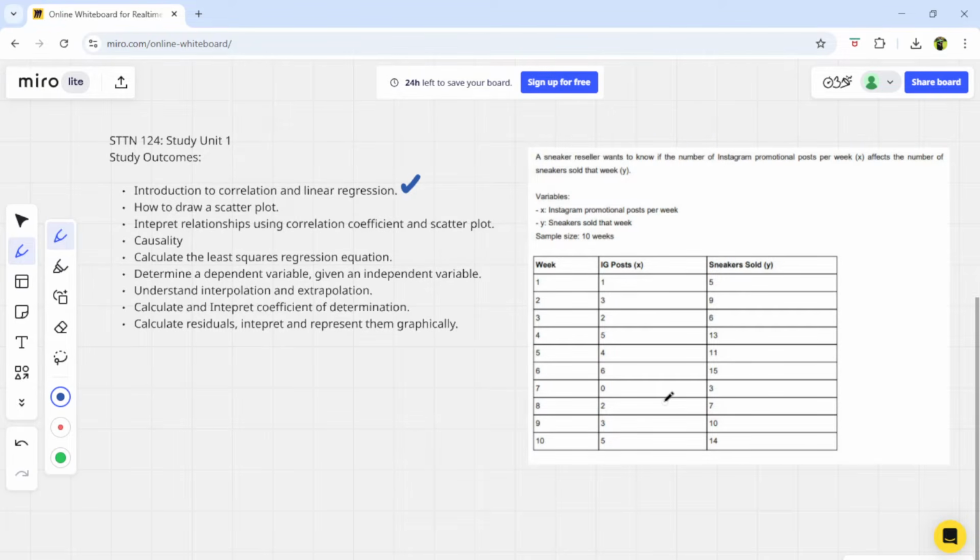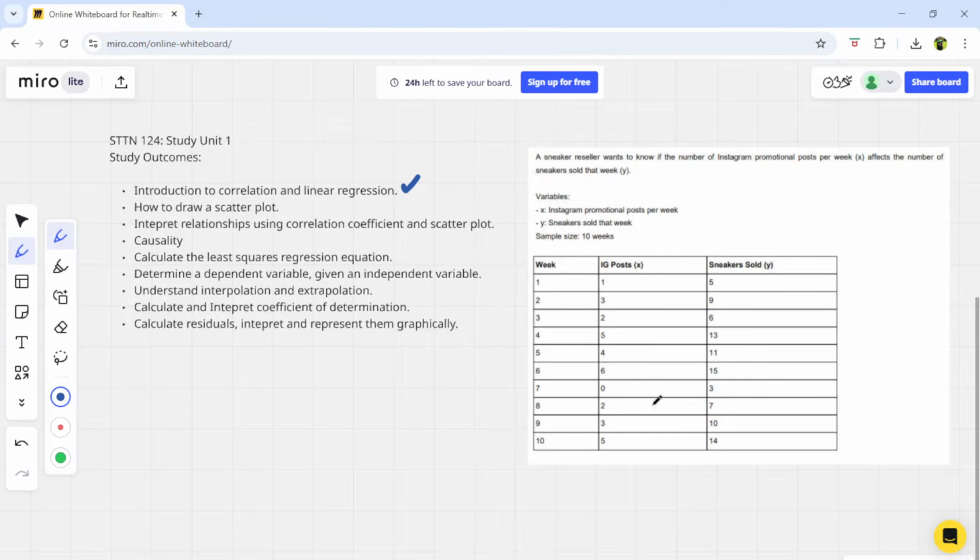So basically we can see that as the number of posts increased, the number of sneakers sold for that particular week also increases. So before doing anything, we can clearly see that we have a positive correlation, or a positive relationship, between IG posts and the sneakers sold for that particular week.